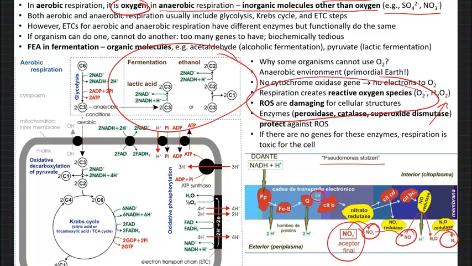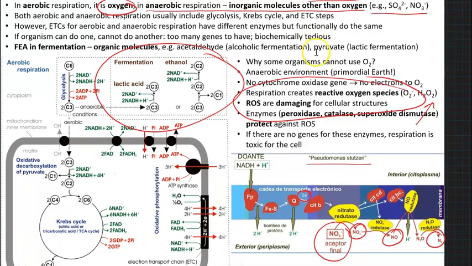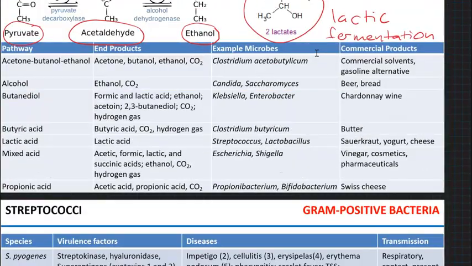Yeah, killing bacteria, right? So if bacteria produce hydrogen peroxide, they should be able to neutralize it. That's poison for them. Some cells can't, so this is the reason why they can't respire. They don't have the necessary genes. Okay? That makes sense?